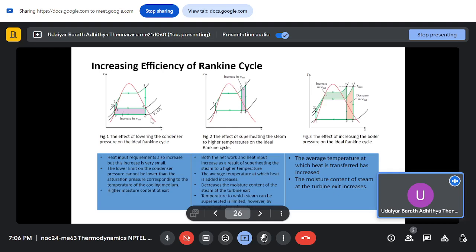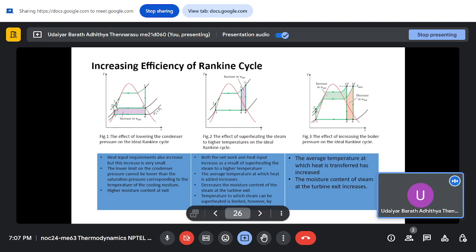All taking into account, what will happen if you are lowering the condenser pressure? If you lower the condenser pressure, you get this shaded region, that is the amount of work which you are generating more. In this process, when you lower from 2, you are coming down to 2 dash. So when you compress from 1 dash, you go to 2 dash.